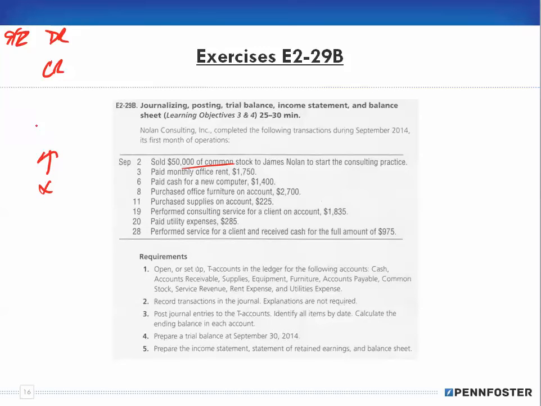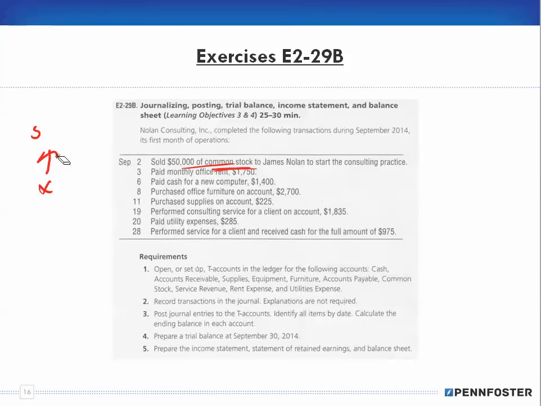Is my cash increasing? Well, it just went up by 50,000, so I'm increasing my cash, which means I debit my cash for 50,000. Then I choose another ledger account for the other half of the entry. In this case, it's telling me I'm selling common stock, so I indent and I put the 50,000 there, and that's my journal entry.